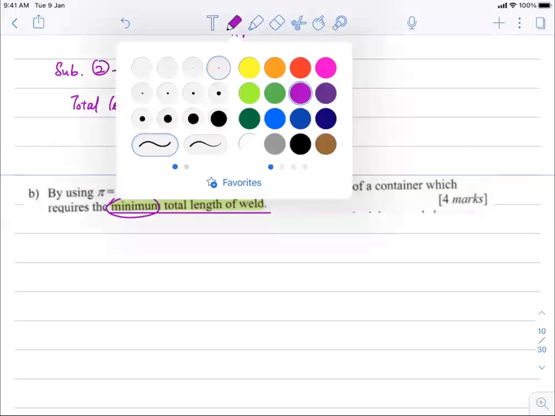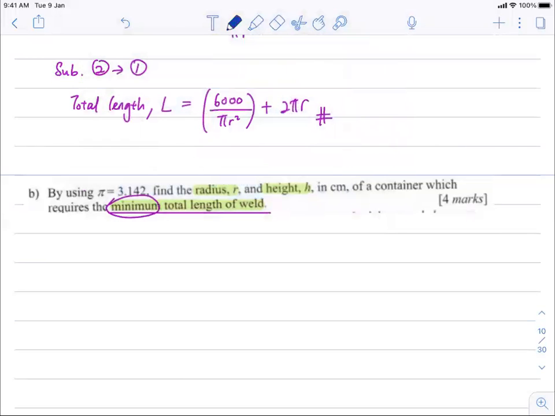Whenever we want something to be maximum or minimum, we will think of differentiation, because when dL/dr is equal to 0, it will be at our turning point. So in this case, the turning point is minimum.